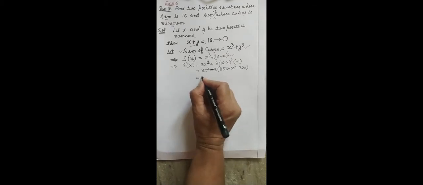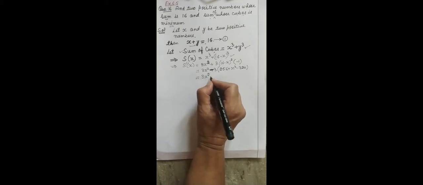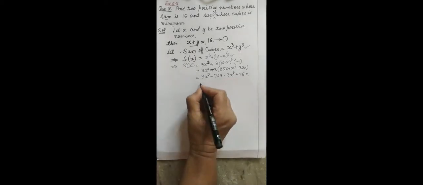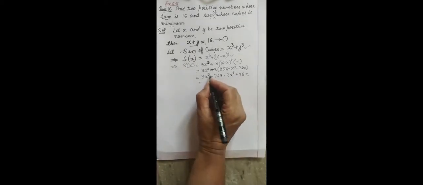Now expanding the brackets, it is 3x square minus 768 minus 3x square plus 96x. Now 3x square minus 3x square will be 0.